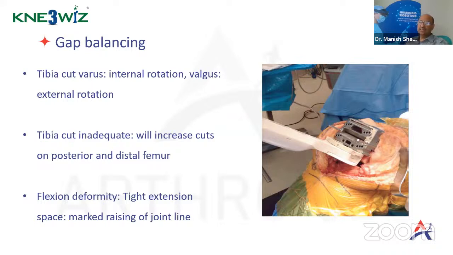Whereas if the tibia cut is in valgus, the femur will externally rotate. If the tibia cut is inadequate, it will increase the cuts in the posterior as well as distal femur. Whereas a flexion deformity will cause marked raising of the joint line. So with gap balancing, getting the tibia depth and axis correct is very, very imperative.